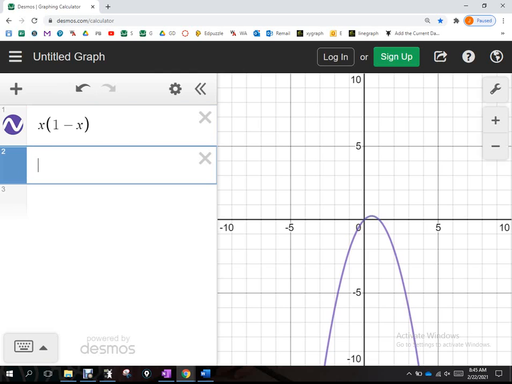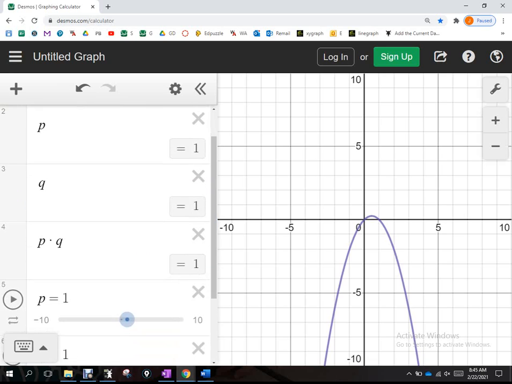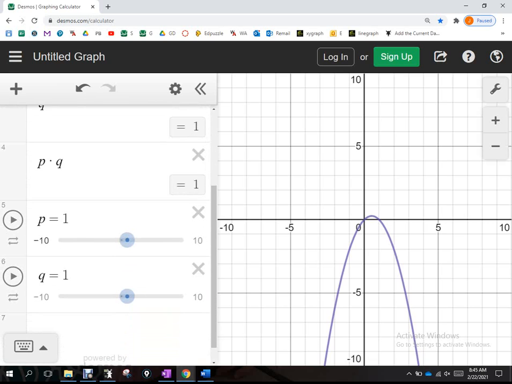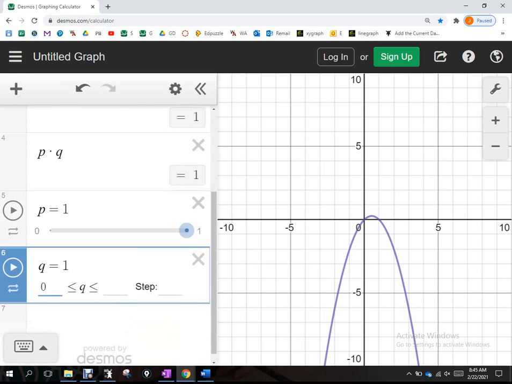If we do something like this, if I say P and then Q, and then say P times Q, make P 0 to 1, and make Q 0 to 1.